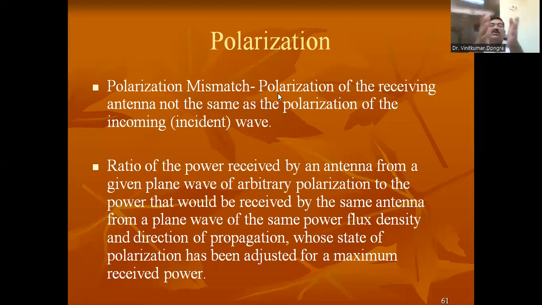What I'm saying is that both the horizontal transmitting and receiving antennas should be aligned this way. This is polarization match and mismatch.